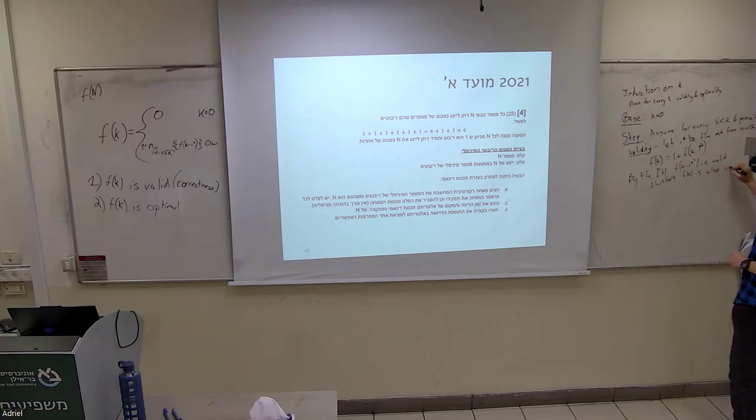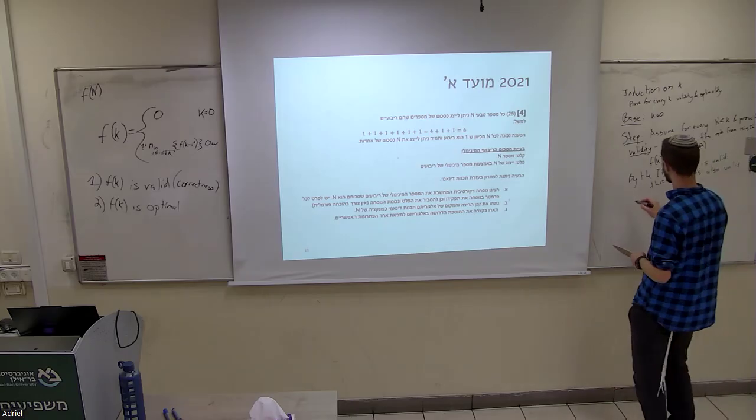So basically, it's almost trivial to prove, because you just go back a recursive call and you say that's valid. So then if I add this new square, if I know that this solution sums up to k minus I star squared, then f of k, by adding that I star squared, we'll get to k and it'll be a valid solution. Okay? Now optimality.